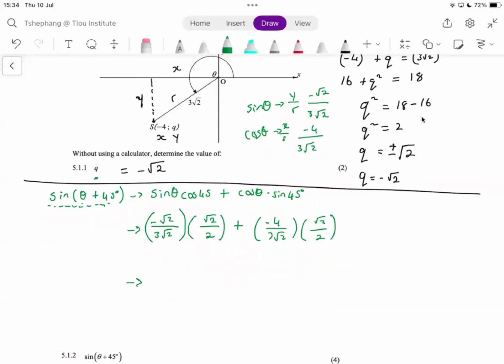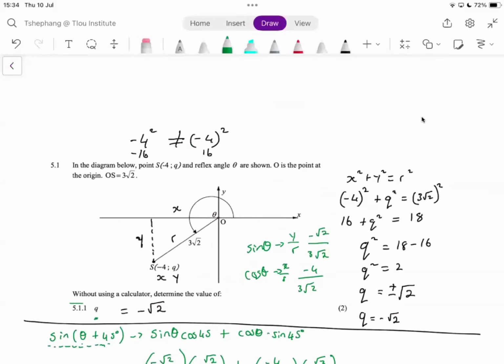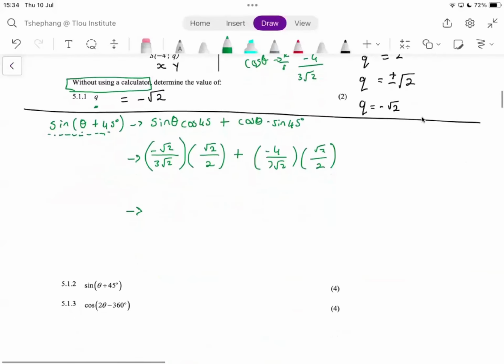And then all you do here, so please pay careful attention to what I'm about to say. What did they say? Without the use of a calculator. Yes, I'm acknowledging that. What they're simply trying to say to you is show all of the steps and do not write decimals. What do I mean by that?